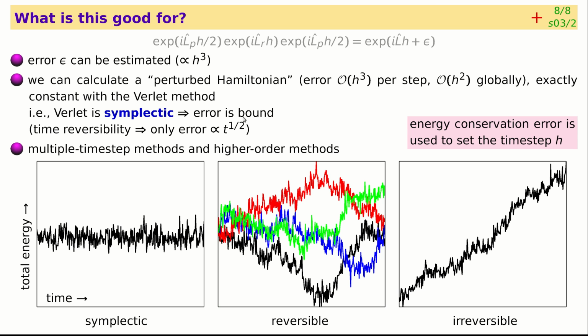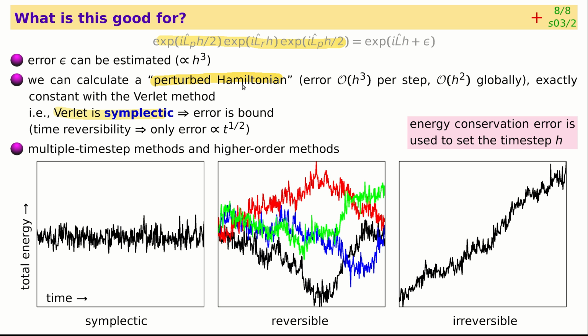We can get the following property of such so-called symplectic integrators like the Verlet method. We can estimate the error in every step, and not only the error, we can derive that there exists a special total energy. Energy is called in these systems the Hamiltonian. This is the sum of potential and kinetic energy.